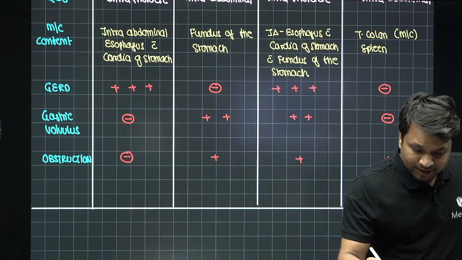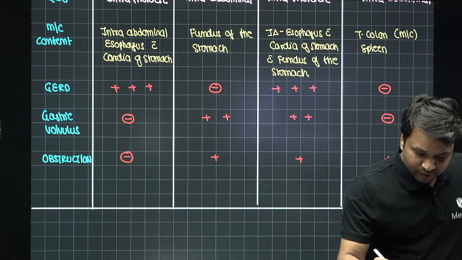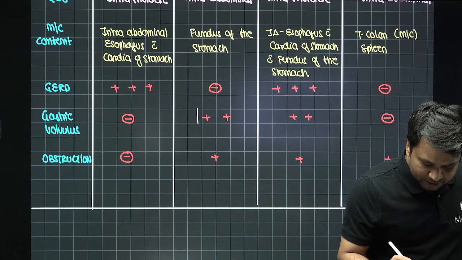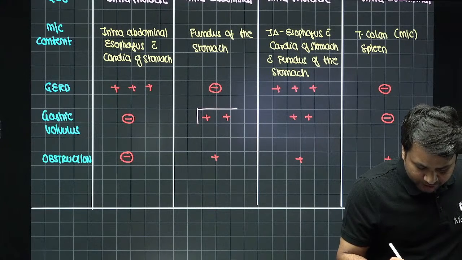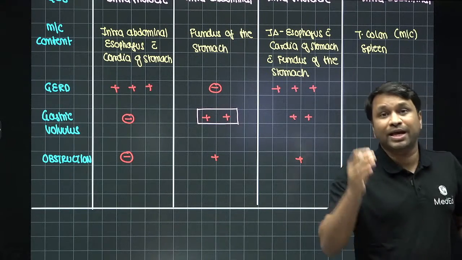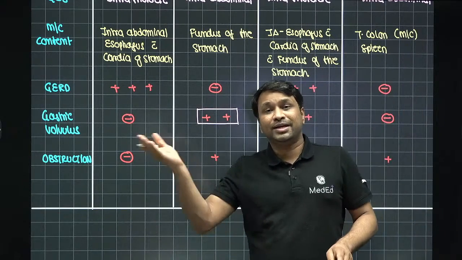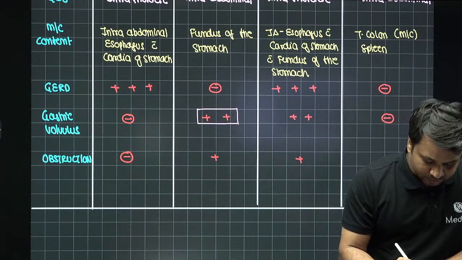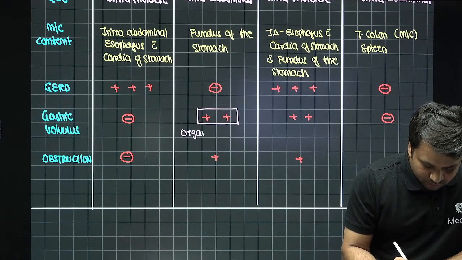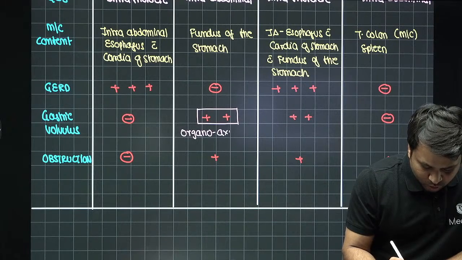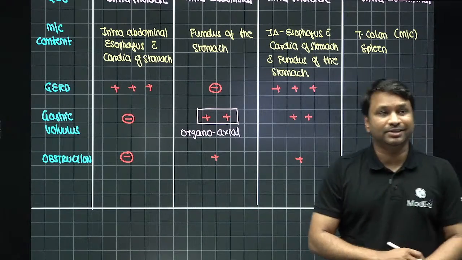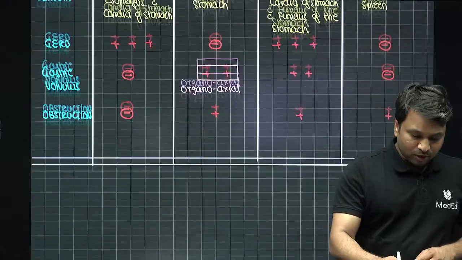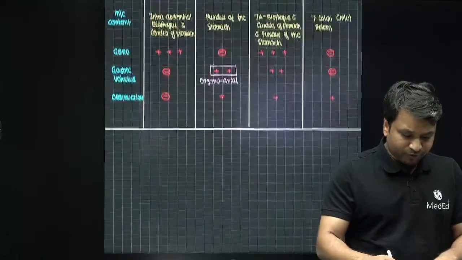Now, when looking at the type of volvulus inside the stomach, there are two varieties. One is the organoaxial, another is the mesenteroaxial. Organoaxial is more common. So what is this type of rotation?